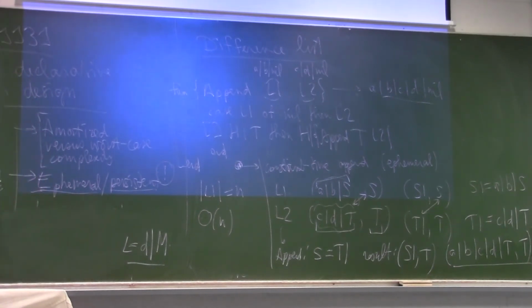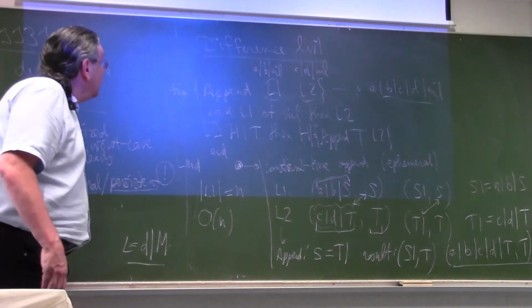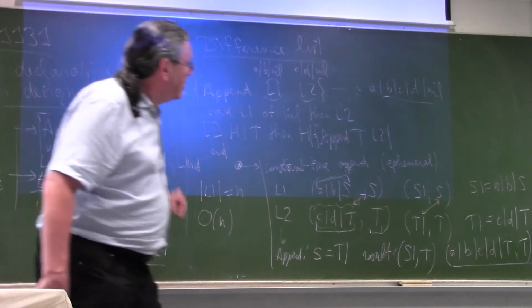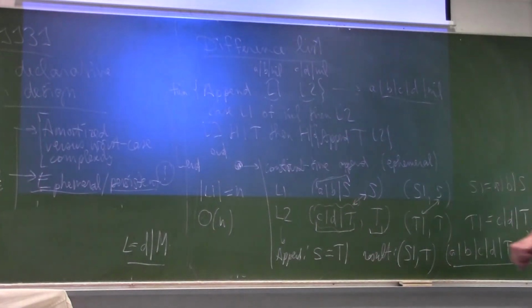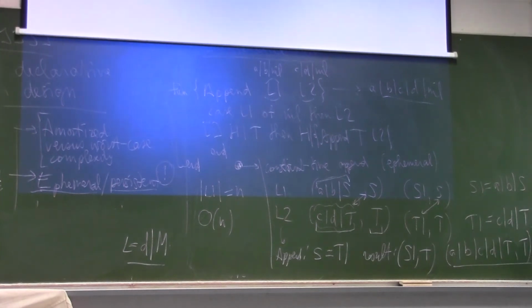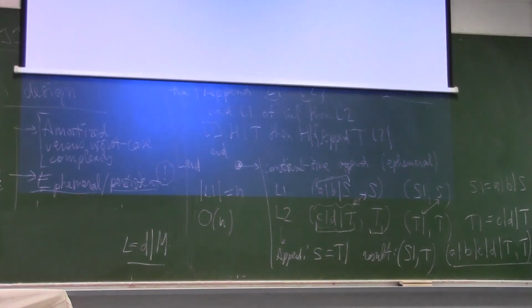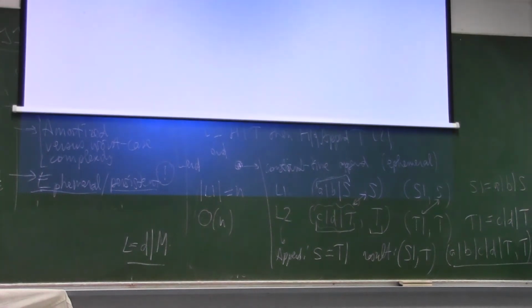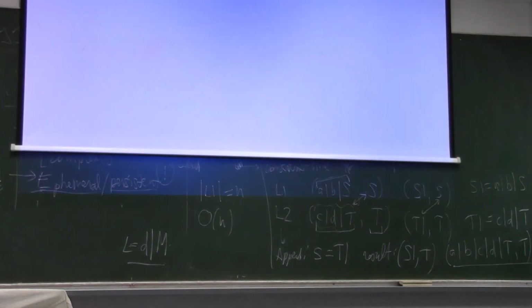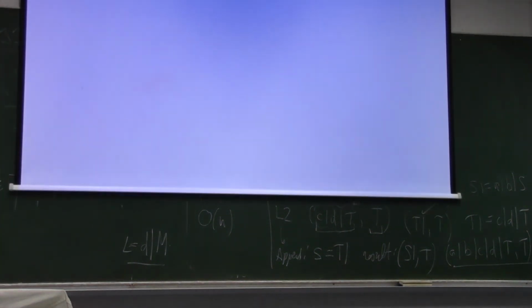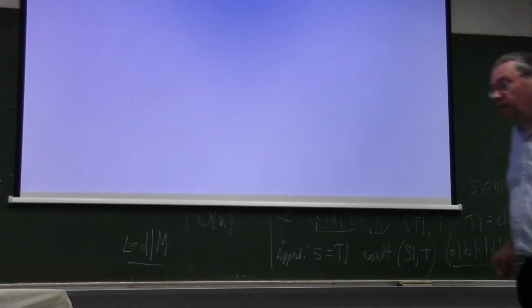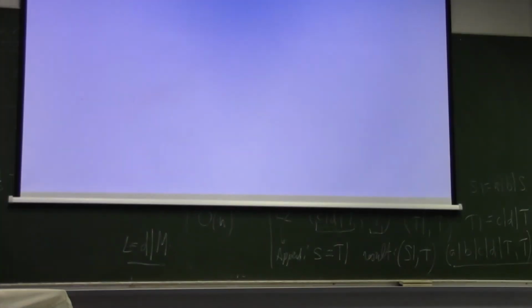So let me show you an example of how you program with that, okay? Of course it's ephemeral, but most of the time that's enough, okay? It's only certain applications which need persistent abstractions, huh? Okay.